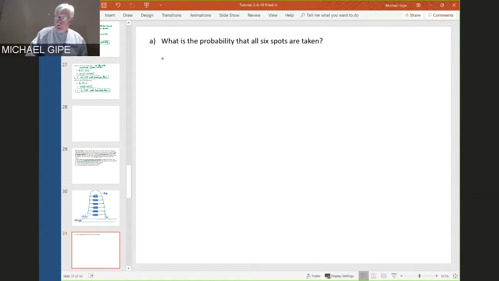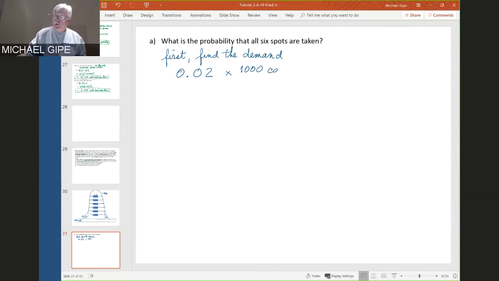Well, the first thing we have to do, of course, is find the demand. And that's going to be based on that 2%. So it's 2% times the 1,000 cars per hour that are coming by. So this 2% of those would like gas. They're not driving Teslas. And that works out to 20 cars per hour would like gas.